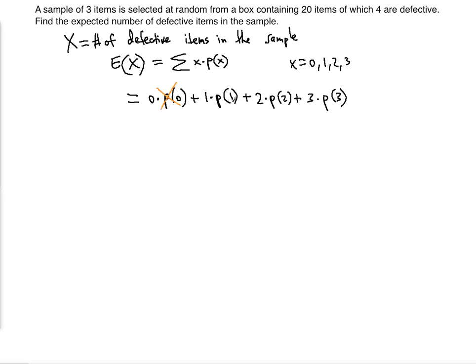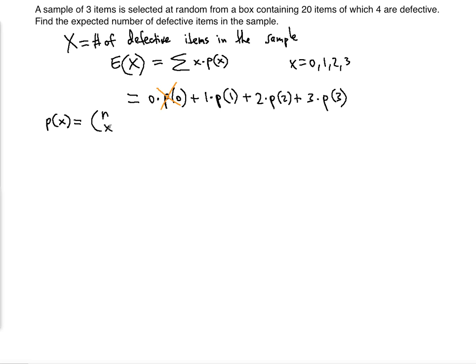But you have to find these probabilities, right? So the probability of 1, now here's what you should understand. The probability of x here is going to be using the binomial distribution, discrete random variable, that is. And the binomial is going to be in such a way that we will have n items.